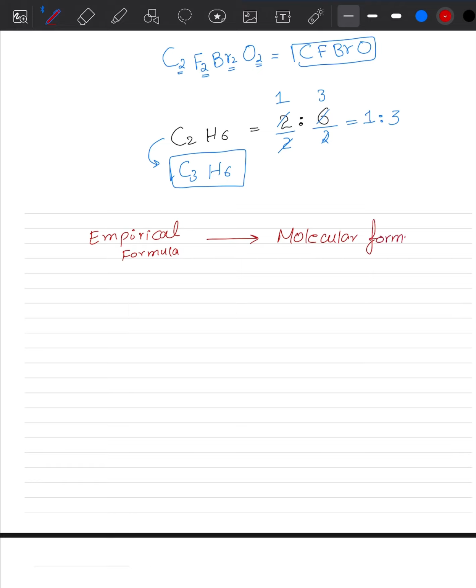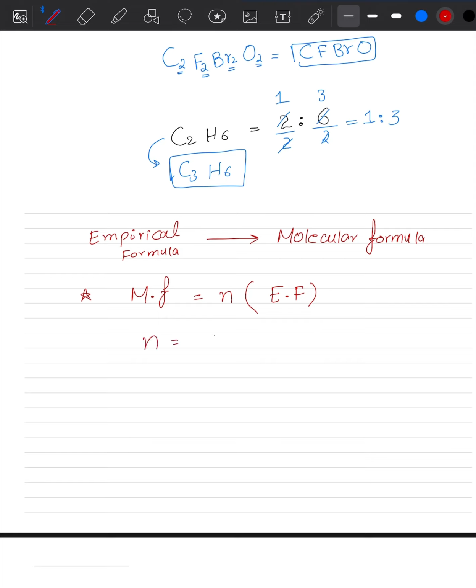So if we want to change empirical formula into molecular formula, we need to use this formula. Instead of writing molecular formula, I am writing MF. Molecular formula is equal to n times empirical formula. So how can we find out the value of n?